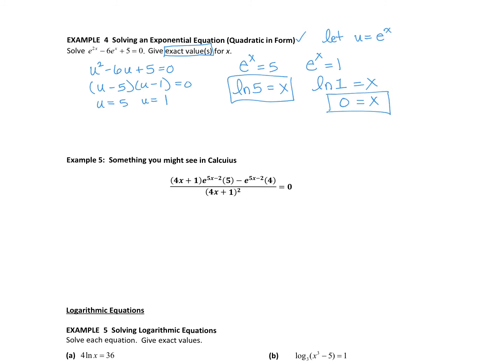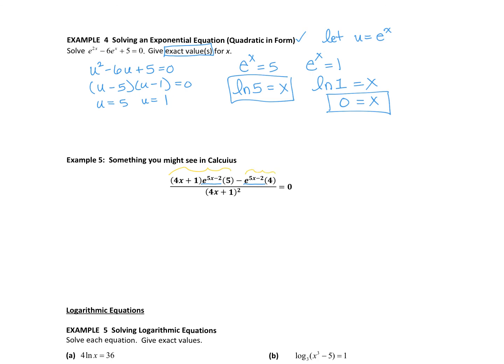Something you might see in calculus would look very different, but once you do a little bit of simplification, it's exactly the same. So what we're going to do here is I notice that I have this e to the 5x minus 2, and I'm going to factor that out of this term and this term.